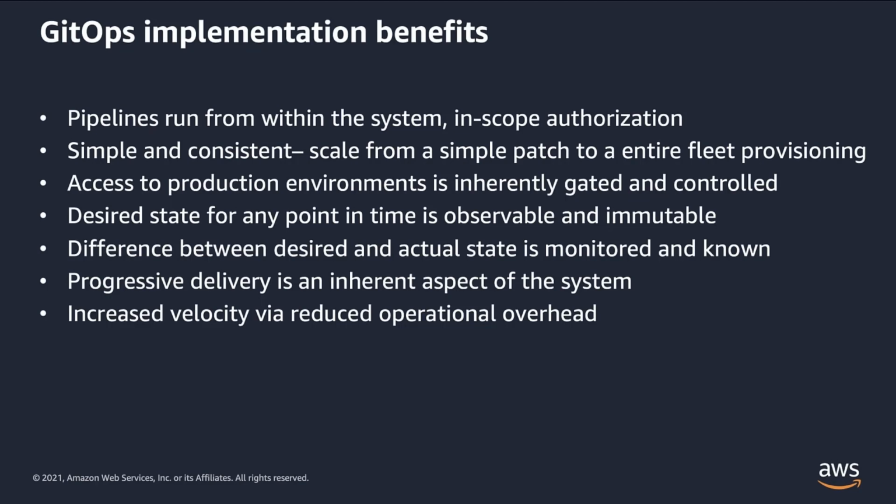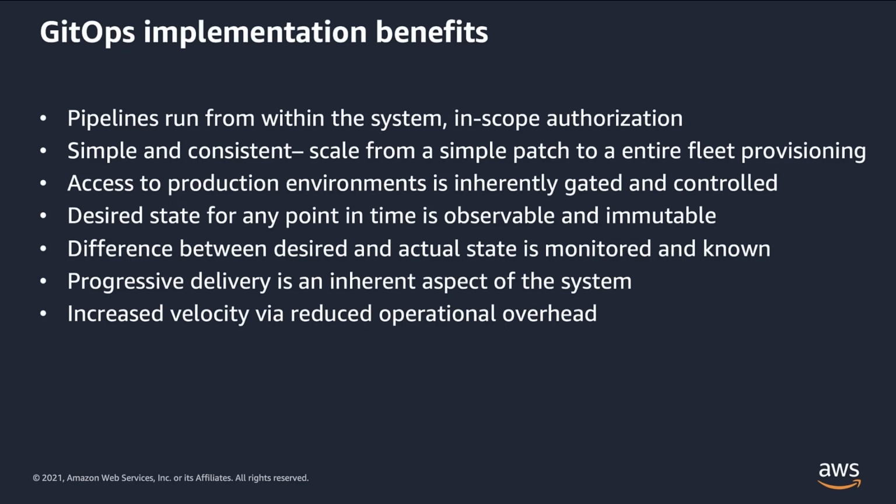The system itself is simple and fairly consistent. I mean, it's actually very consistent, but as far as human readability, it can be a little difficult. But it's fairly consistent to understand what's going on. It's easy to reason about the changes, and what you have is basically a workflow that can scale from a simple patch to an entire fleet provisioning. Really, the system scales really well, and for the humans involved, it's a consistent experience.